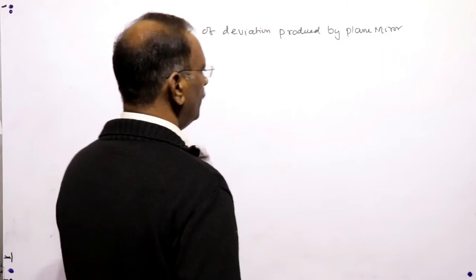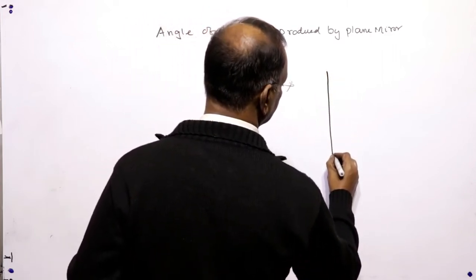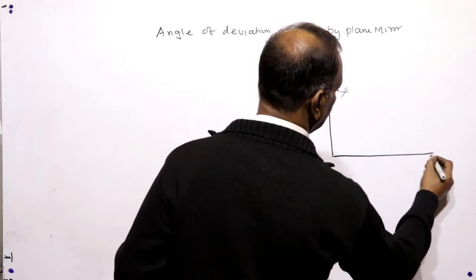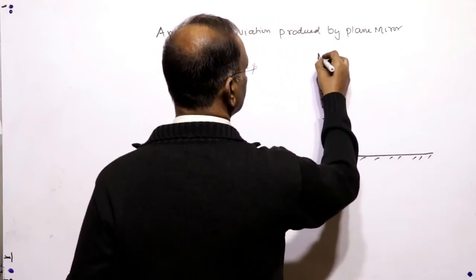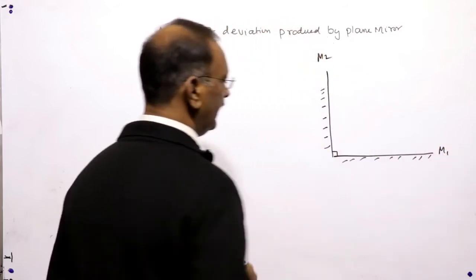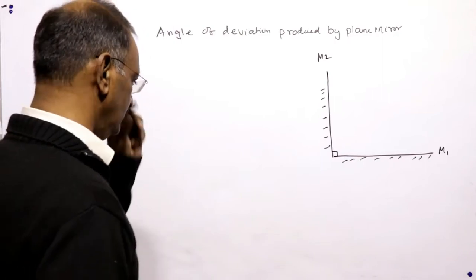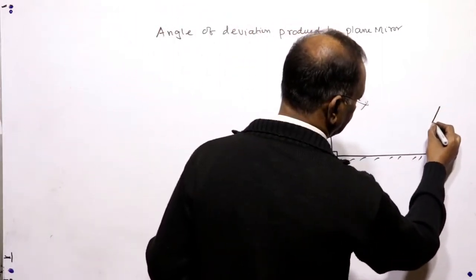If two plane mirrors are kept at 90 degrees to each other, this is M2, this is M1. A ray is incident like this.